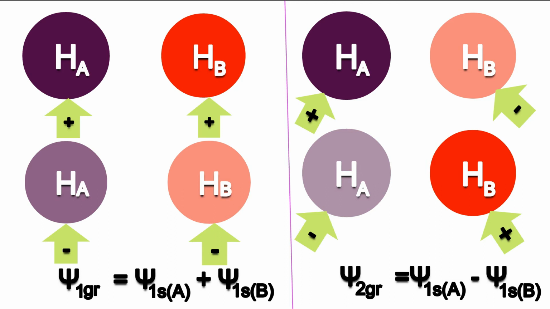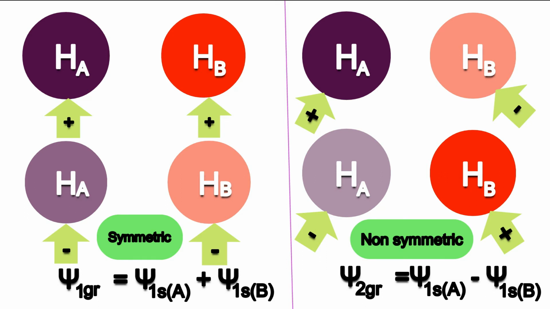Left compartment group is symmetric about the horizontal plane or center of inversion, while the right compartment group is non-symmetric about the center of inversion or horizontal plane.